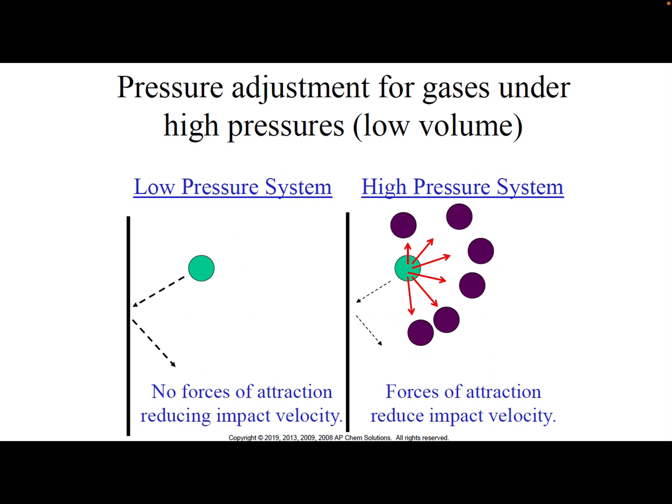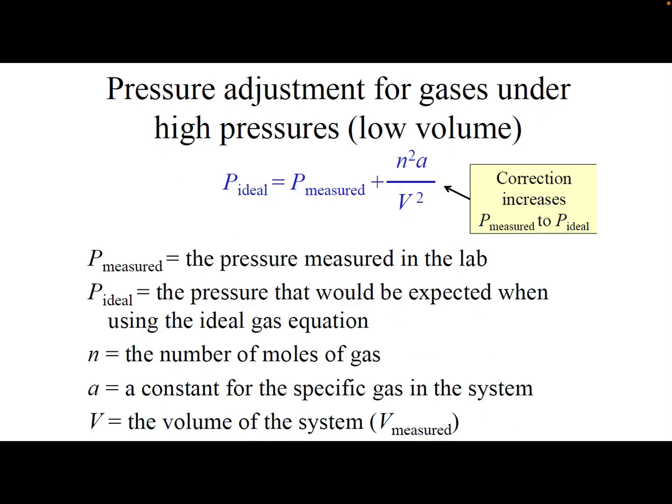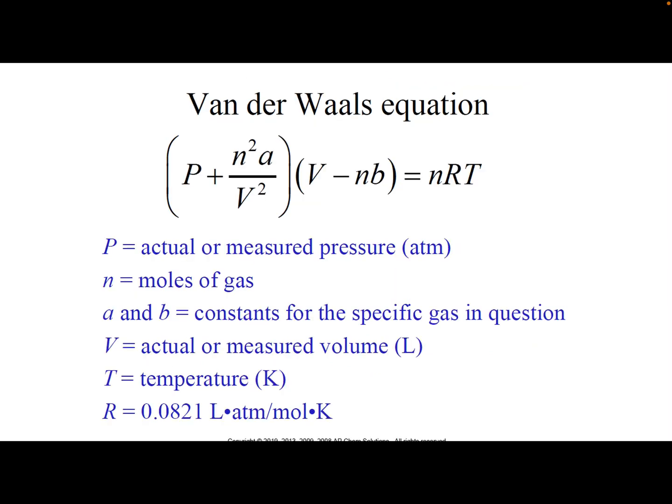This is a neat picture, right? In a low pressure system, there are no forces of attraction, but in a high pressure system, if something else is pulling on the particles, you won't have an elastic collision, and so the velocity will be reduced. There is a mathematical correction, a pressure adjustment for gases under high pressure, so you can see the components of it there.